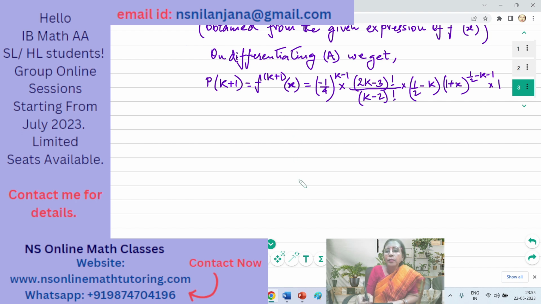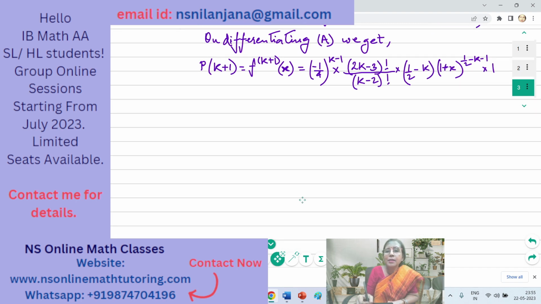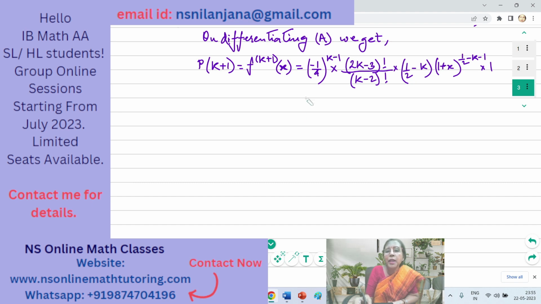Okay. So now let us simplify this a little. Let us see how much can be simplified. So this is negative 1 over 4 the power of k minus 1. We cannot do anything, let it stay like this.